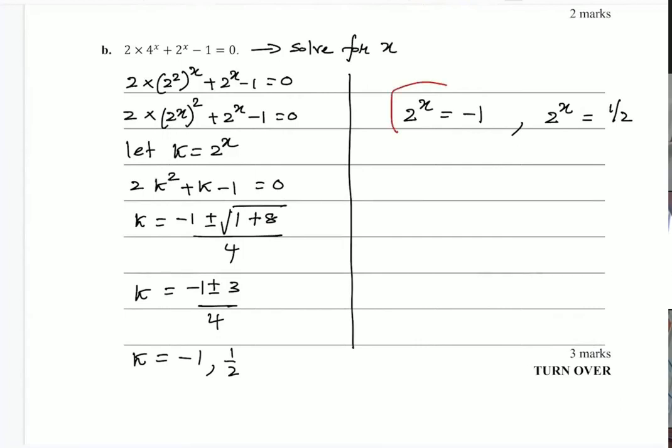So you can't solve this one, right? How do you make an x value so that you can get a minus value? So you have no solution here. But here you can have a solution, right? So 2^x is equal to 2 to the power minus 1, right? So x is equal to minus 1.